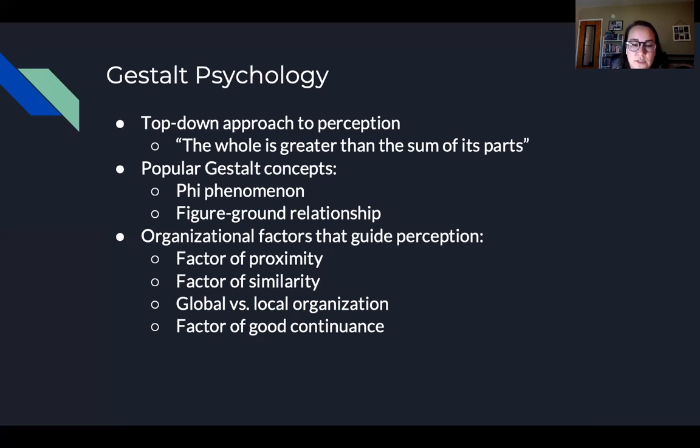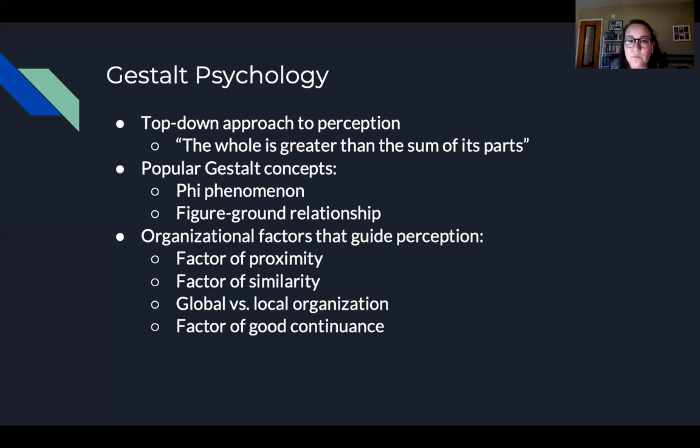There is a Gestalt psychologist named Max Wertheimer, and he wrote this quote in one of his papers, which I think is great and really sums up this idea. He wrote, there are wholes, the behavior of which is not determined by that of their individual elements, but where the part processes are themselves determined by the intrinsic nature of the whole.